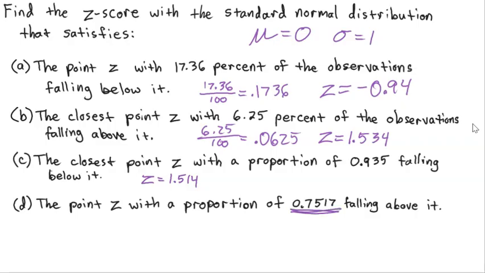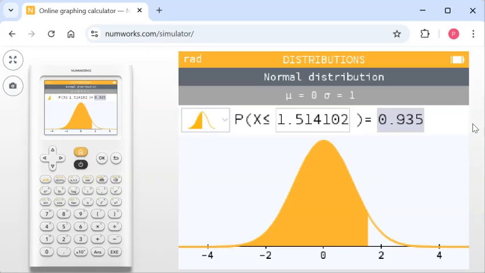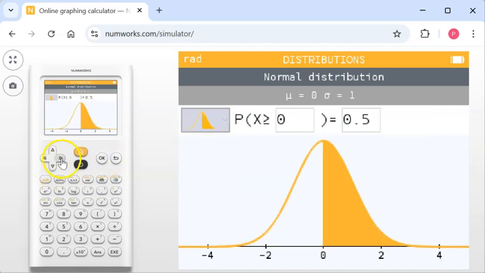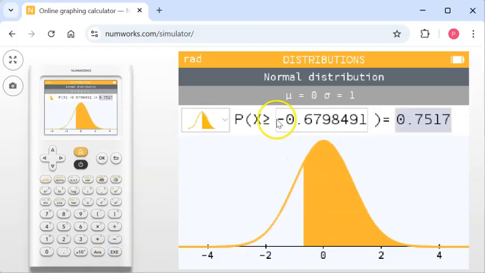we're looking for 0.7517. So let's go over here and select the one with the shading above it. Okay. And we want 0.7517 and hit execute, and we get negative 0.6798.